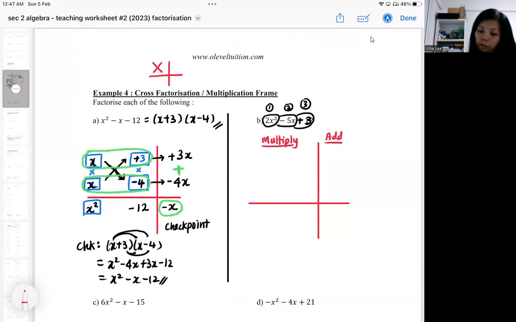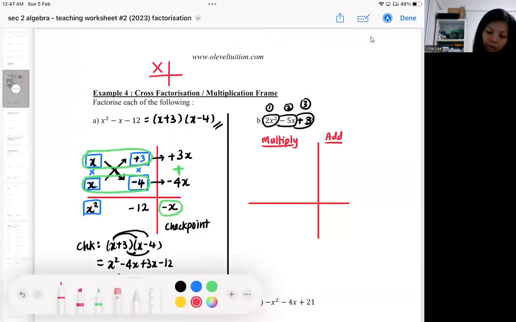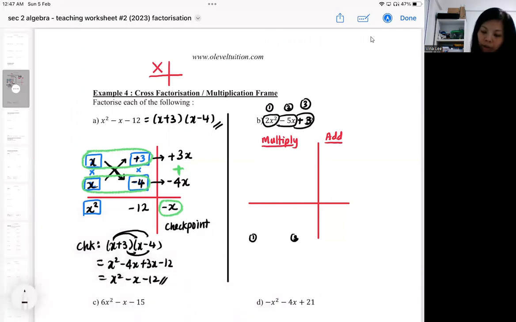And then you are going to put your items like 1, 3, 2. Number 1 will be 2x squared. Number 3 will be positive 3. Here will be a minus 5x. Don't forget, the one in the corner is the checkpoint.